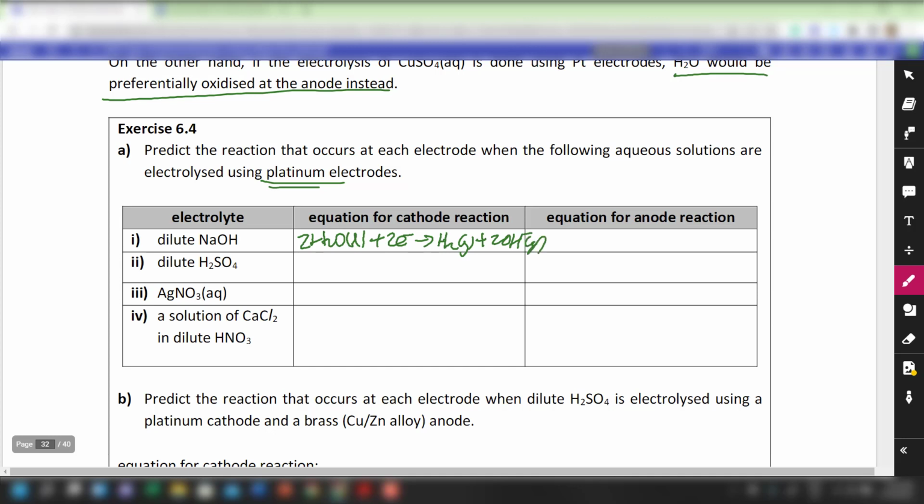And then what happens at the anode? Because now I have OH-, I would expect OH- to be oxidized to oxygen and H2O, plus 4 electrons. Some of you might be wondering why we chose this particular equation instead of the one we had earlier involving water.